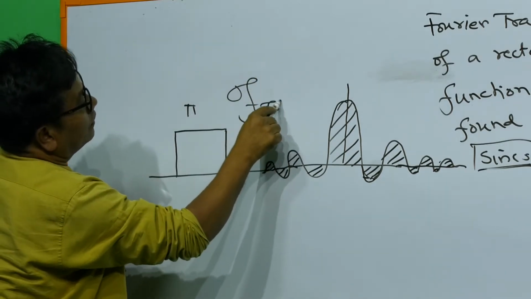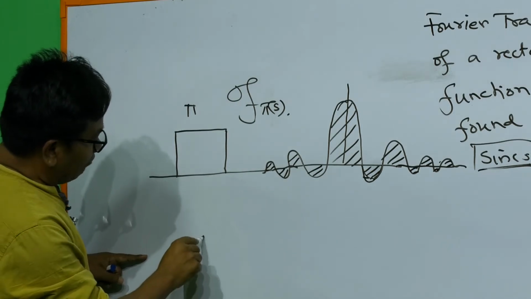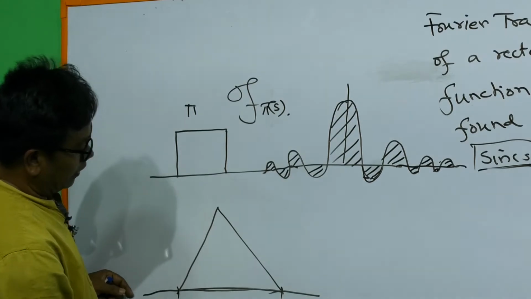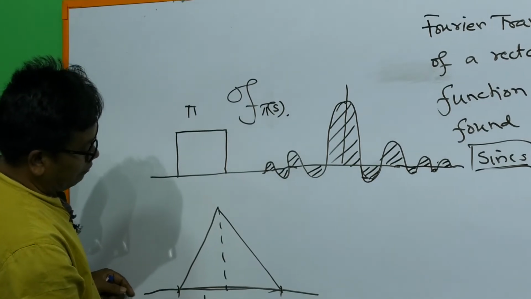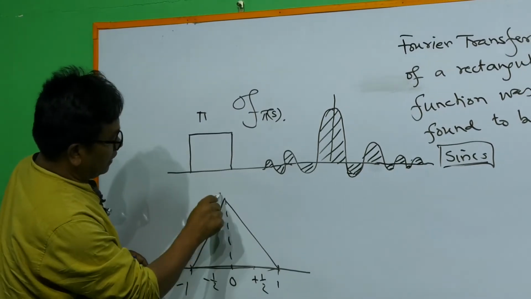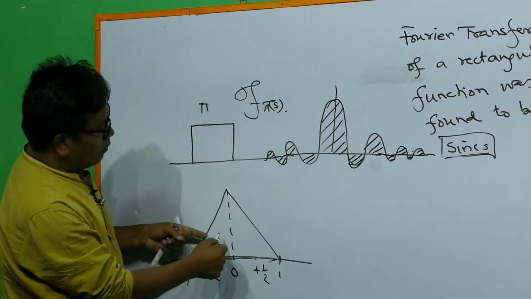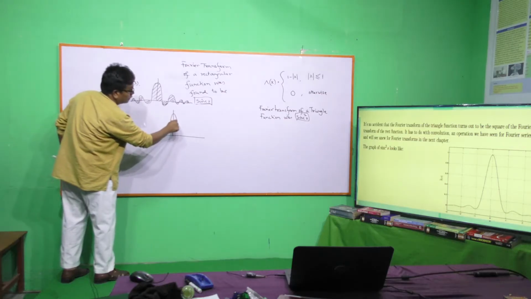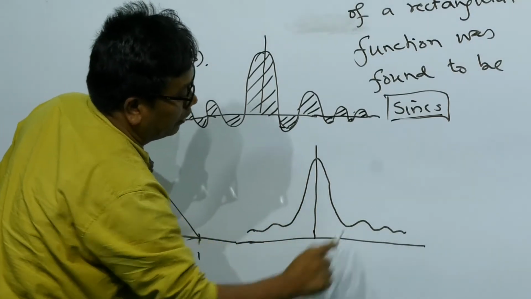Pi of S. Now, for the triangle function, this is positive 1 and this is negative 1, somewhere here is 0, then this is minus half, and this somewhere is positive half, and like that. And this is the triangle function. After taking the Fourier transform of this triangle function, it will look like this, then this, then automatically fading off.